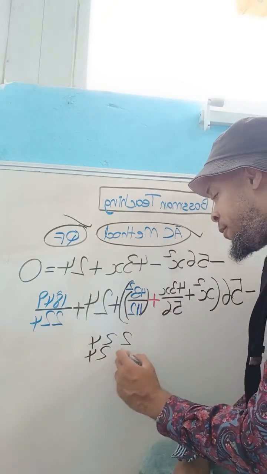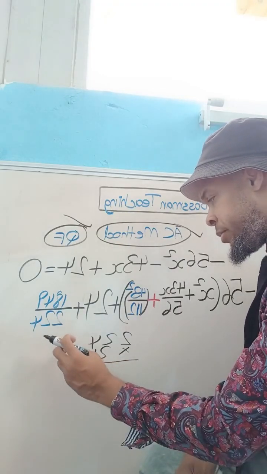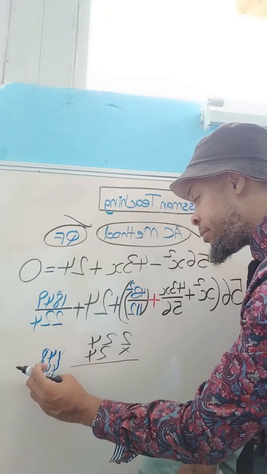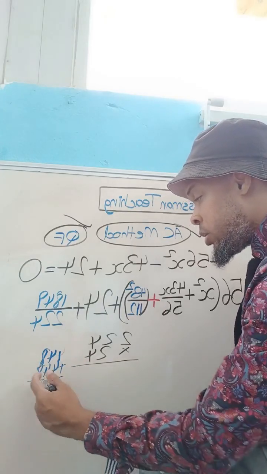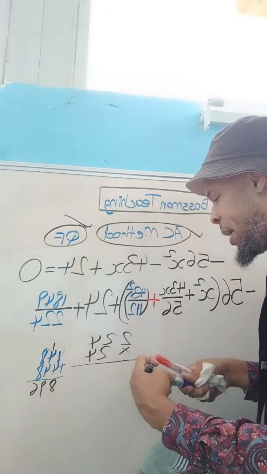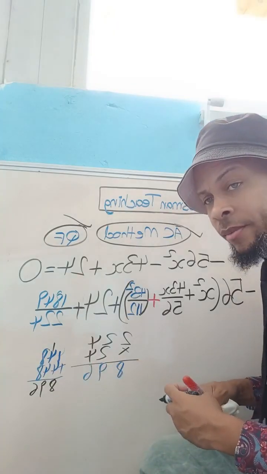So 224 by 24, let's see now. 448 plus 448. So we have this. So that will be 896. Right?